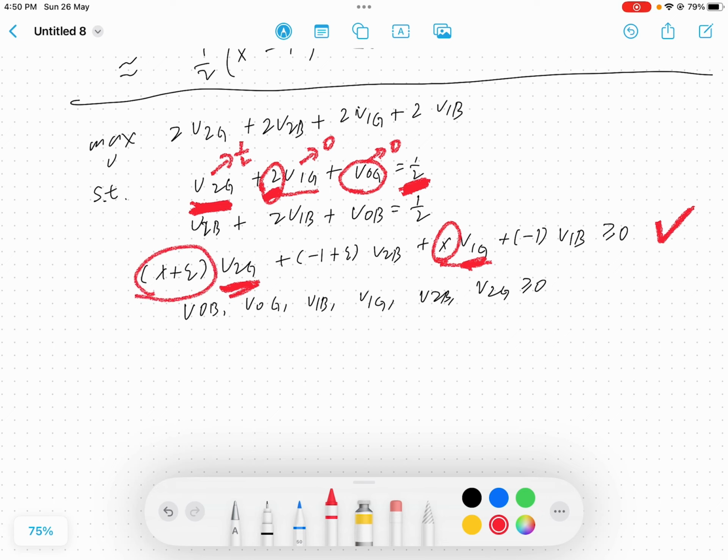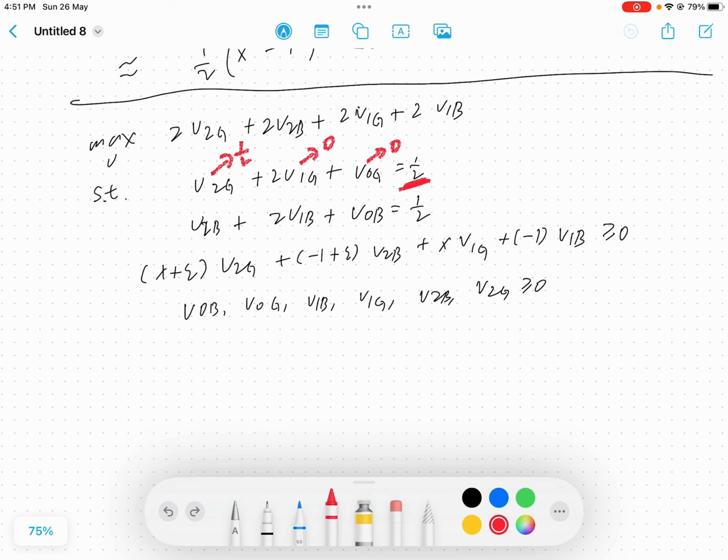If we allocate all those numbers toward v2g, then because epsilon is a pretty small number, those two have pretty much the same coefficient, and a larger v2g should yield a higher utility as the solution, right? So that's the intuition here. Pretty simple and useful intuition for us to further simplify this problem, okay?